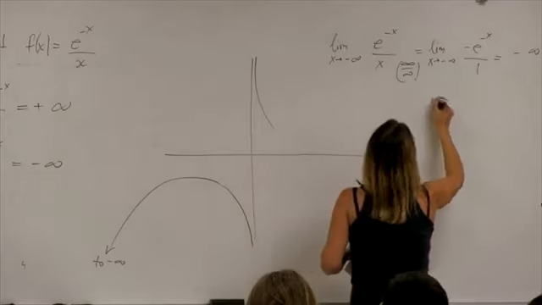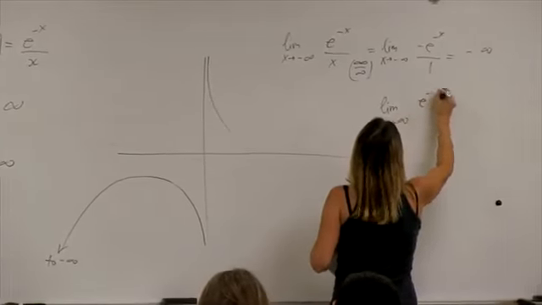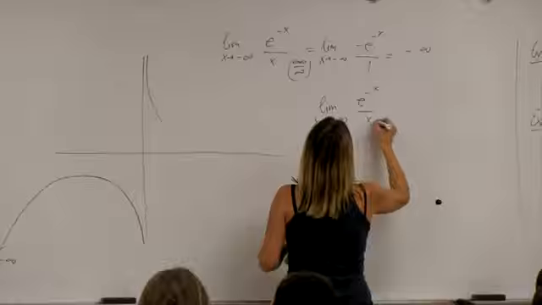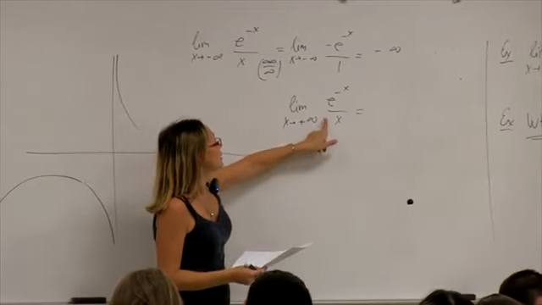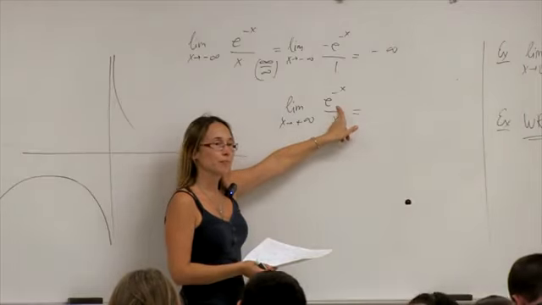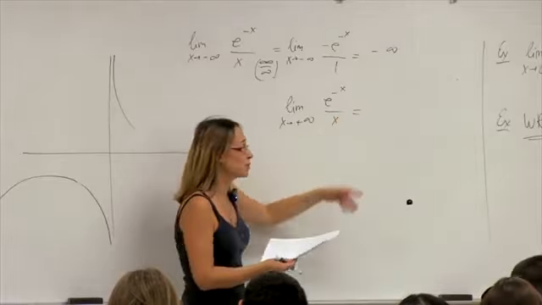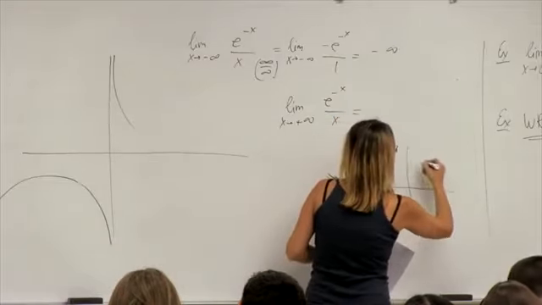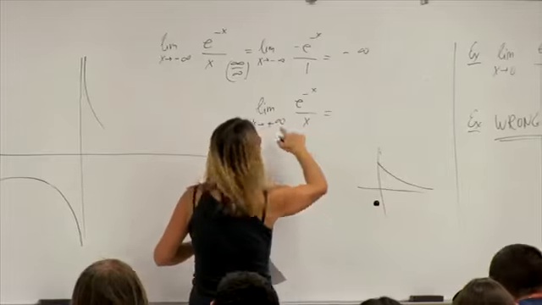And finally, we do the limit as x goes to plus infinity of the same thing. So what happens here? As x goes to plus infinity, what happens to the exponent? 0. It's a negative exponent, right? The negative exponent looks like this. It goes to 0 as x goes to infinity.